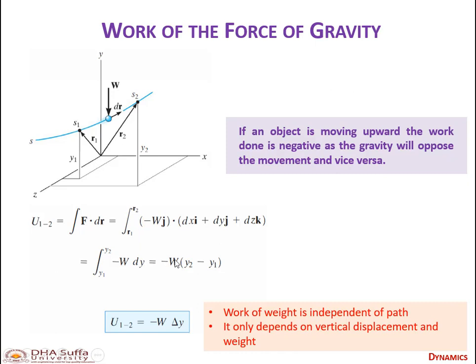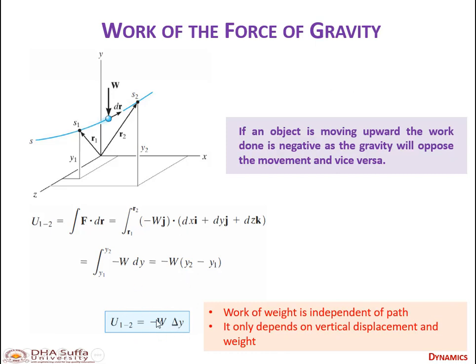So minus w dy, and because w is constant, when you apply limits to dy, we get y2 minus y1. So you can see that the work done by the force of gravity is very simple: minus w delta y.